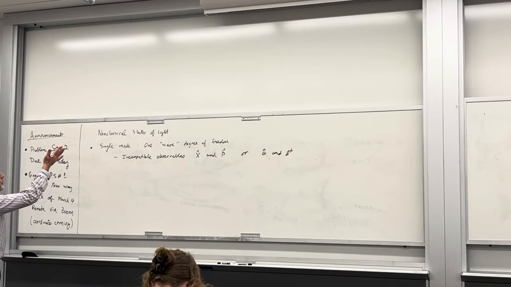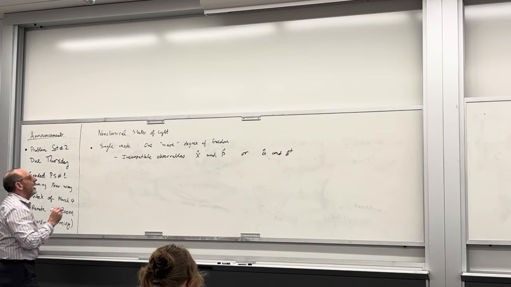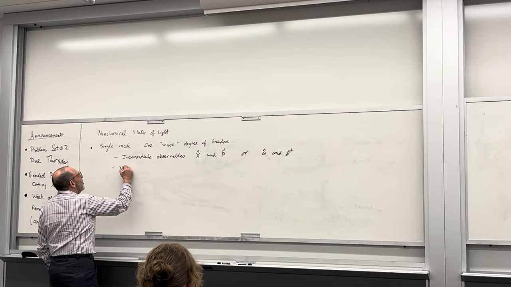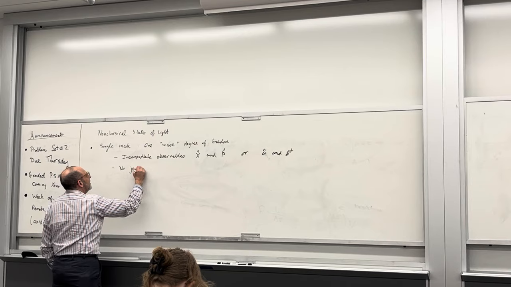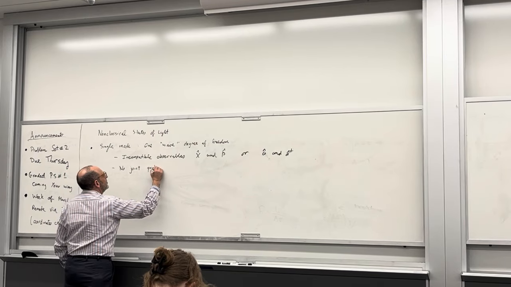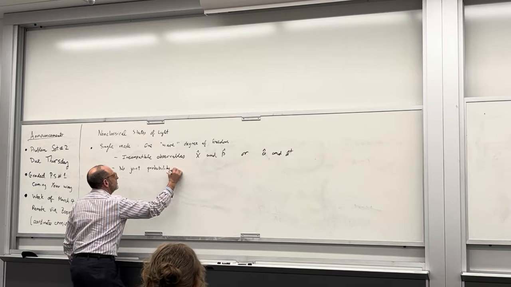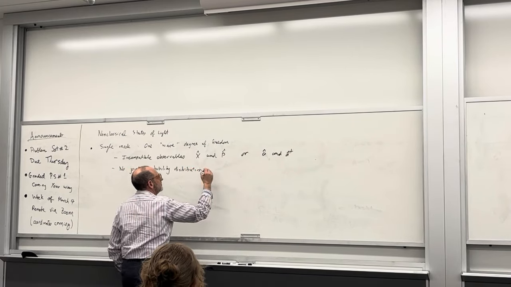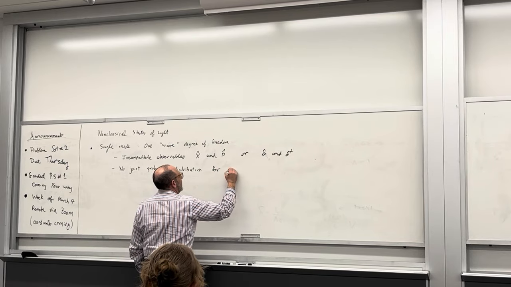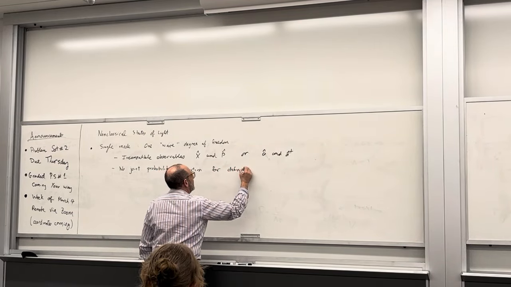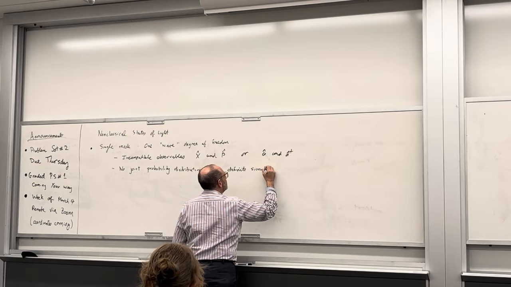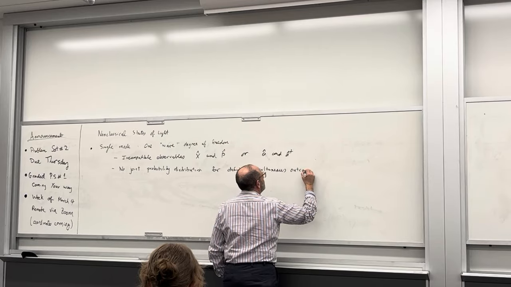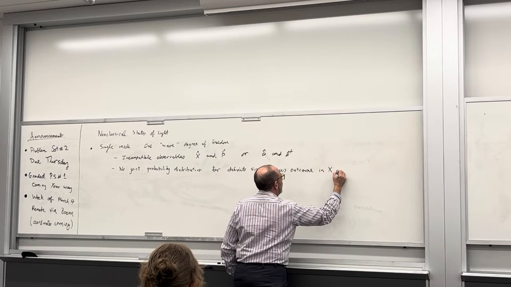And this notion of incompatibility has been related to the point that there is no joint probability distribution for definite simultaneous outcome in X and P.